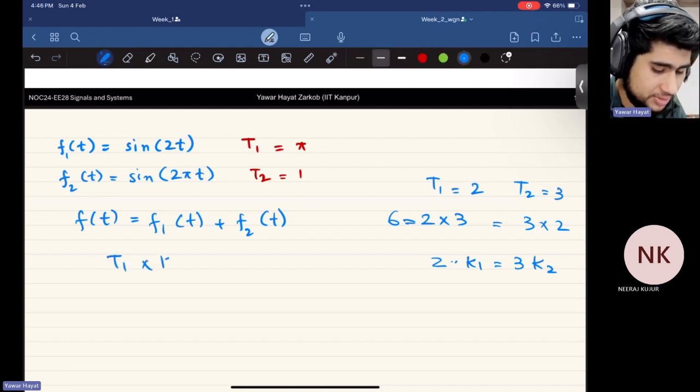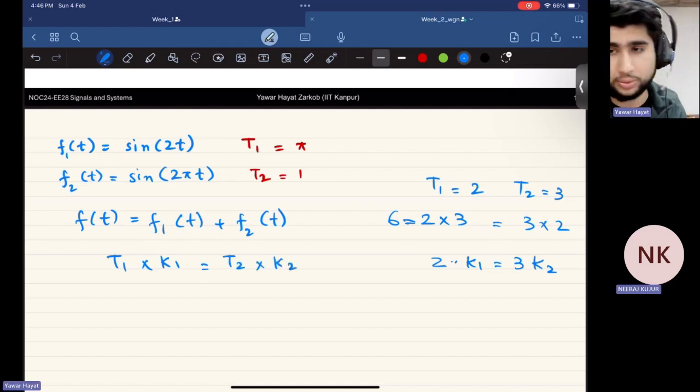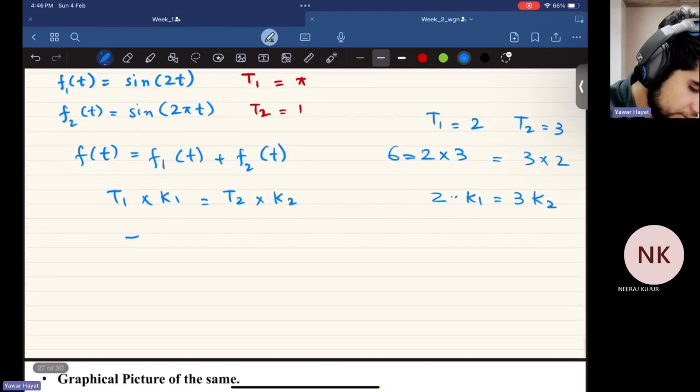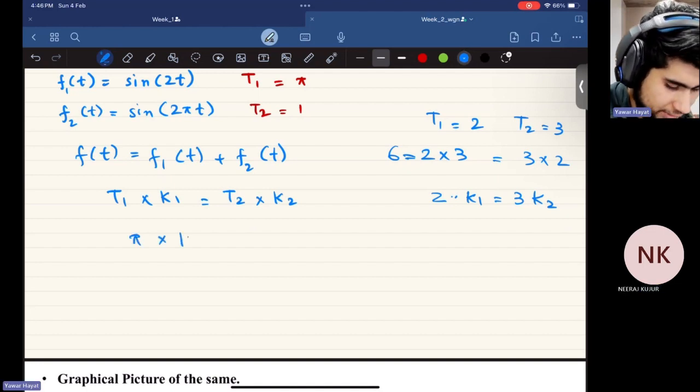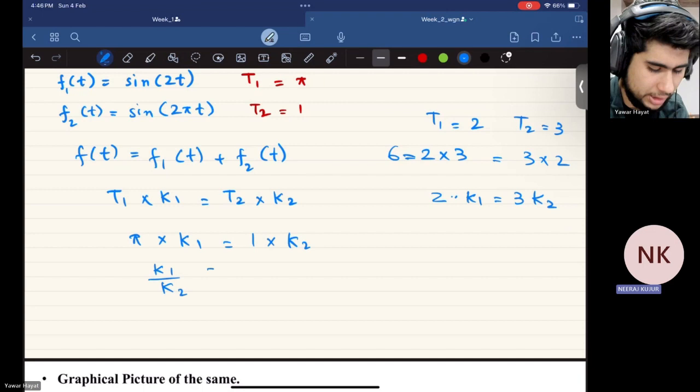So T1 times K1 is T2 times K2, right? Now let me substitute back. So pi times K1 is 1 times K2.